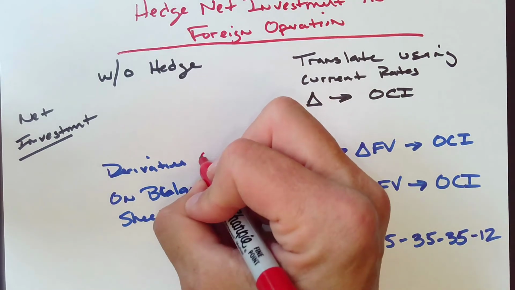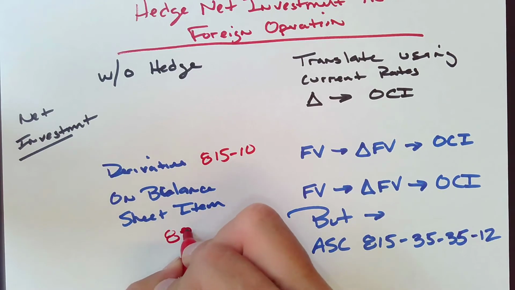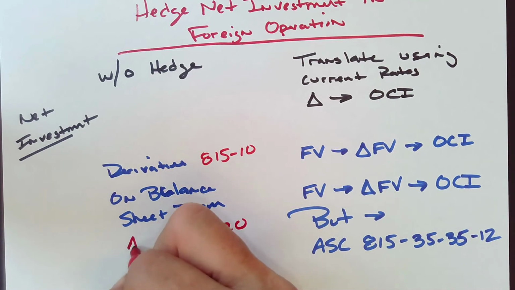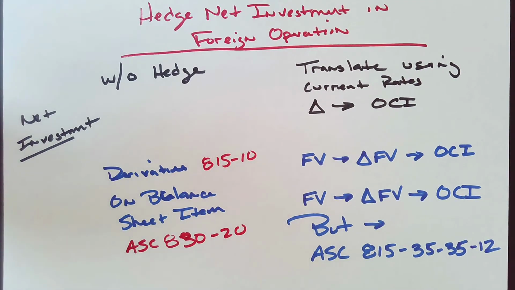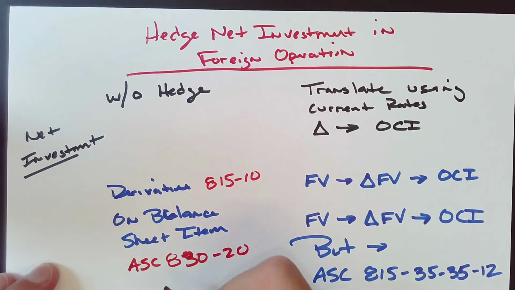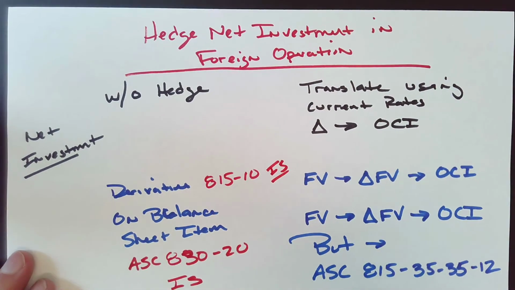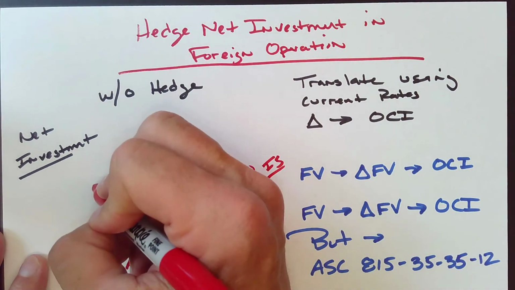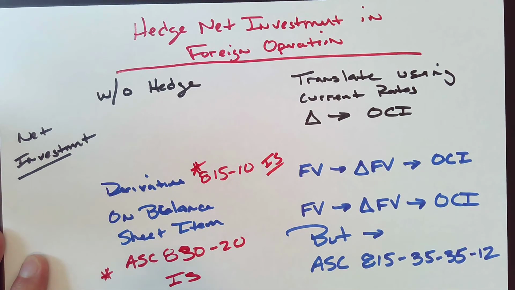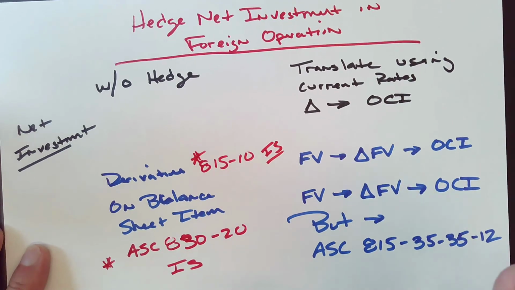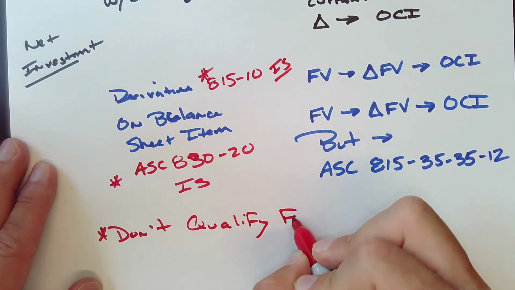So this goes to 815-10, and this is 830-20, where you have to remeasure whatever your on-balance sheet item is, and that goes through the income statement, and this also goes through the income statement, right? If you don't qualify for hedge accounting. These assume you don't qualify or didn't do your homework for hedge accounting.